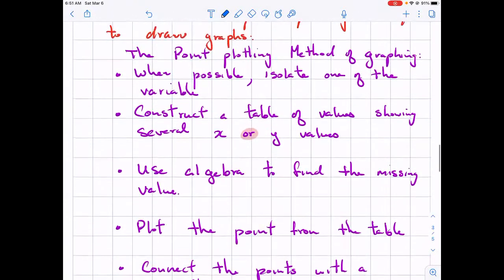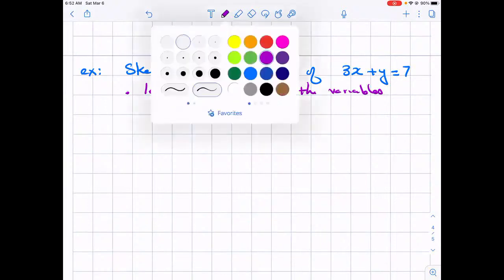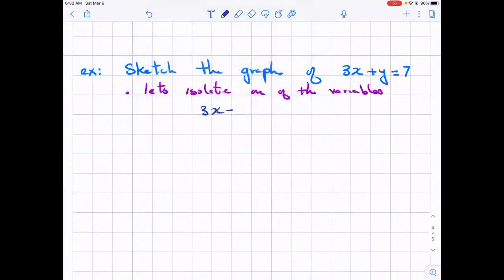So notice my first step, when possible, isolate one of the variables. For step 1, let's isolate one of the variables. What this means is to take the equation and leave either x or y by itself. So we can have y is equal to minus 3x plus 7.